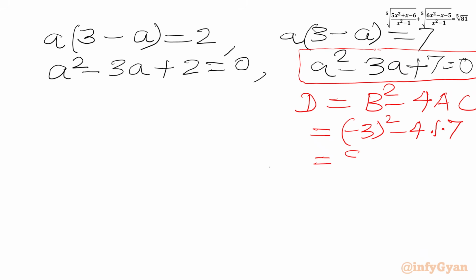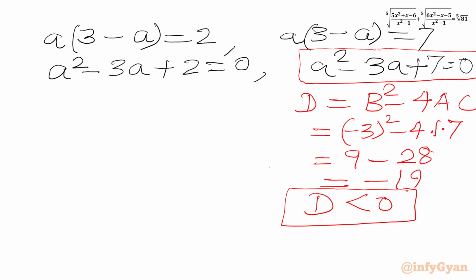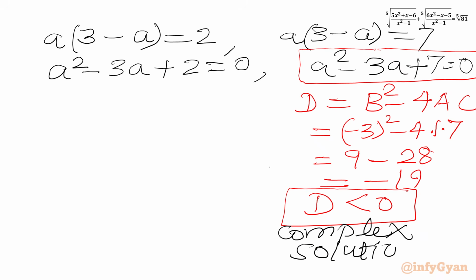We'll simplify and write 9 − 28, which is equal to −19. Once the discriminant is negative, one thing is confirmed, we are going to get complex solutions. I will write here complex solutions. So we will reject our second equation.